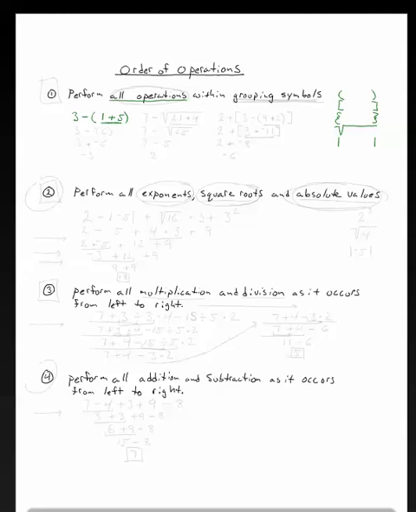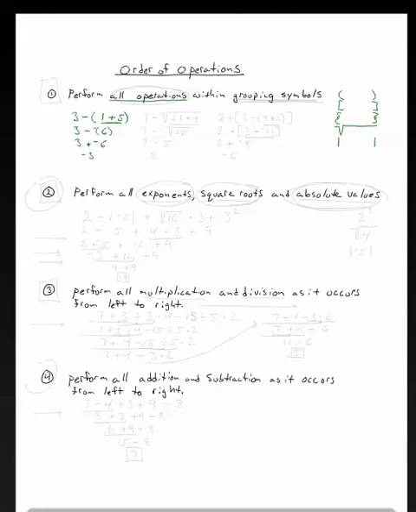So I would first do 1 plus 5, which is 6. That would give me 3 minus 6. And 3 minus 6 is the same as 3 plus negative 6, because we do our addition of the opposite. And 3 plus negative 6 is negative 3.